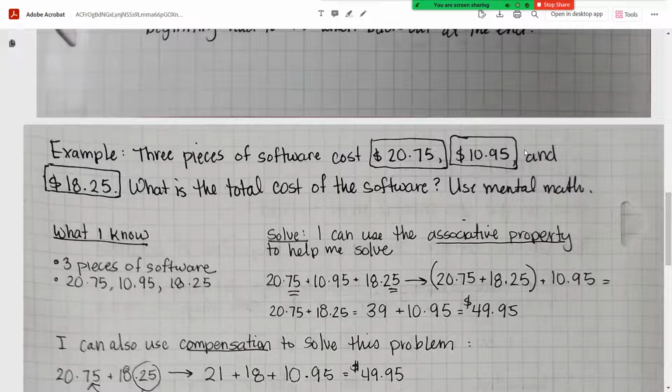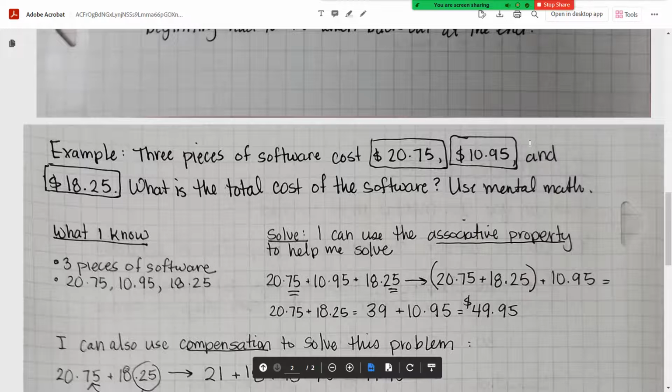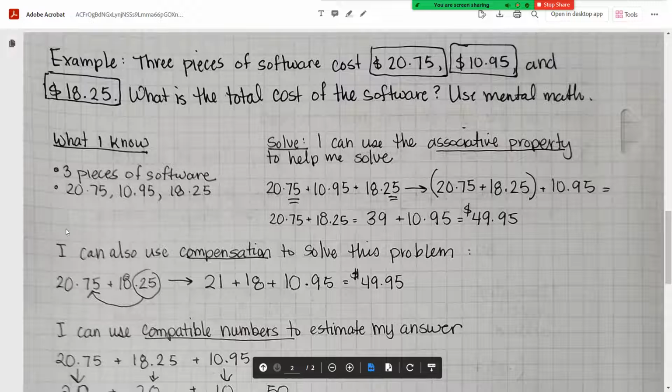First example says 3 pieces of software cost $20.75, $10.95, and $18.25. What is the total cost of the software? Use mental math. So what I know is there are 3 pieces of software, and I listed the prices for them. Now here I can use the associative property to help me solve.